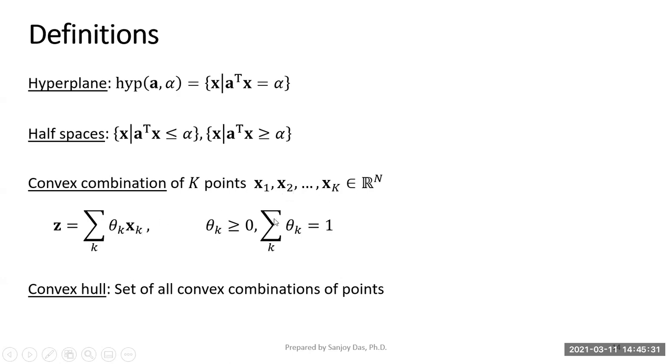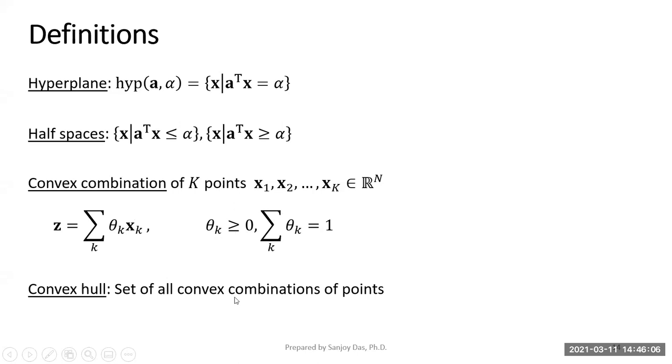So Z equals the summation over k of theta k Xk, where theta k is the weight attached to the point Xk, and all these theta ks must be greater than or equal to 0, not strictly. They must be greater than or equal to 0, and the summation over all ks of theta k should equal 1.